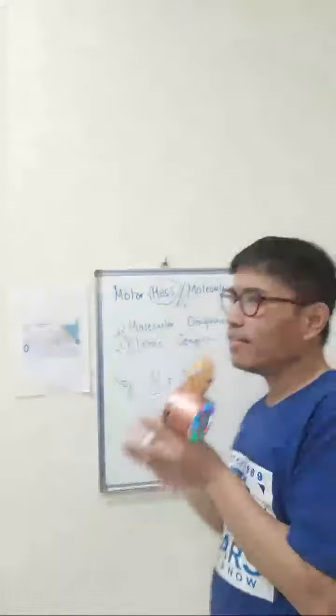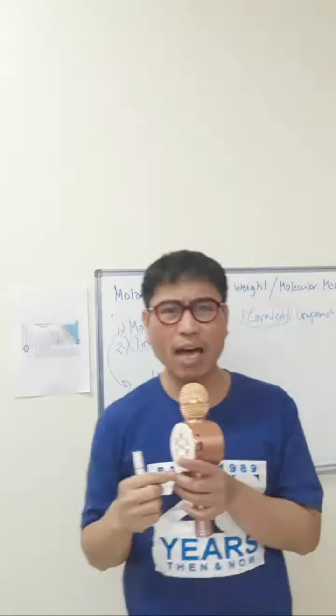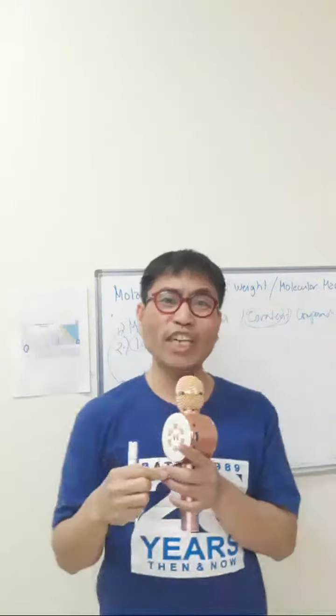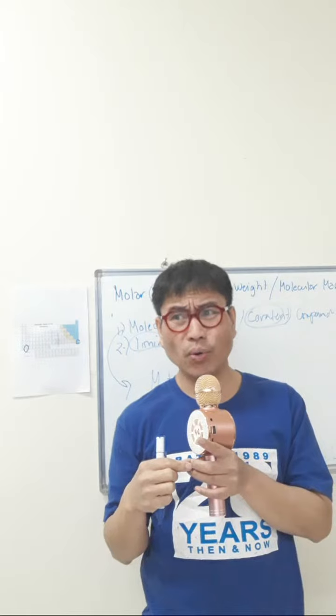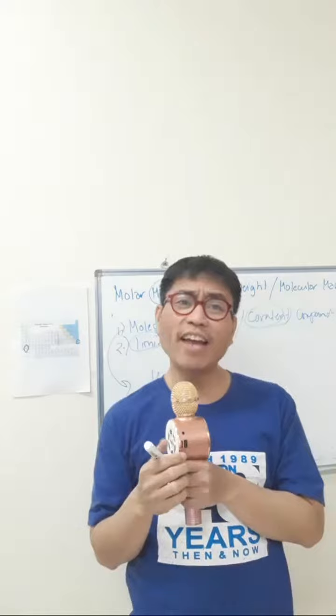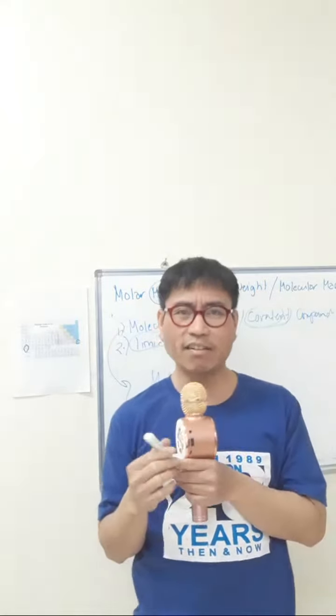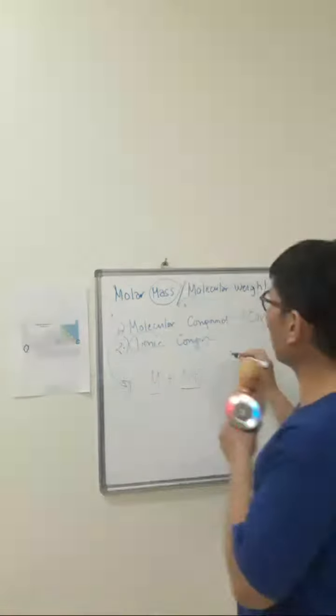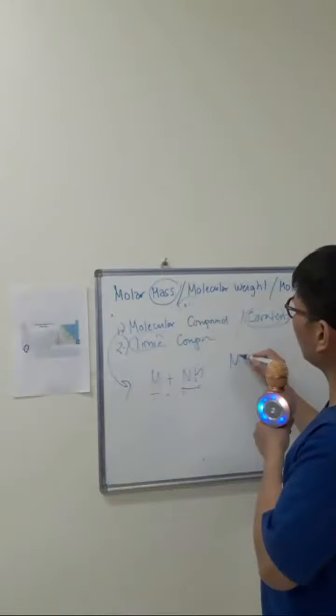In this category of compound, you need to name based on the prefixes. For example, trigonal, tetrahedral. So for example, if I have N2O5, you will say dinitrogen pentoxide.